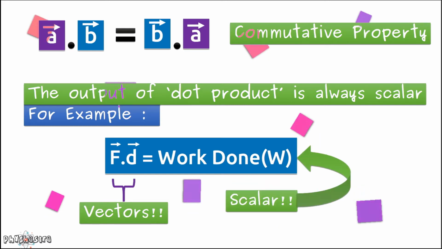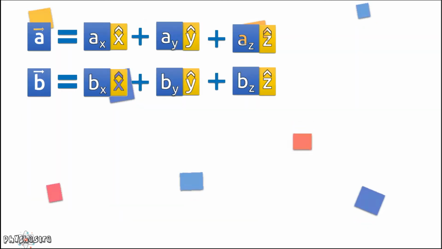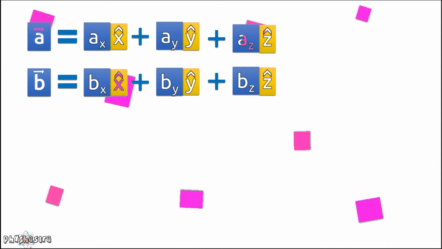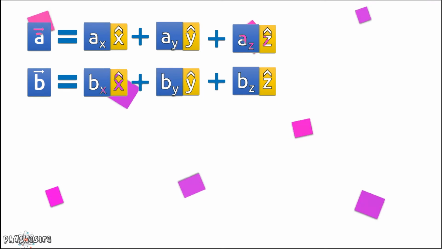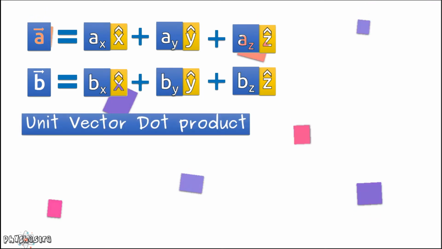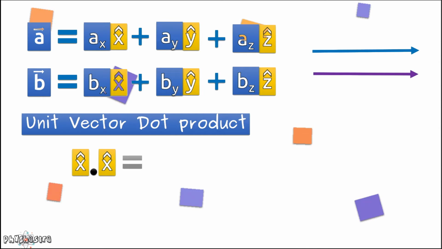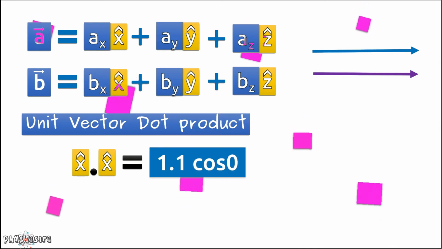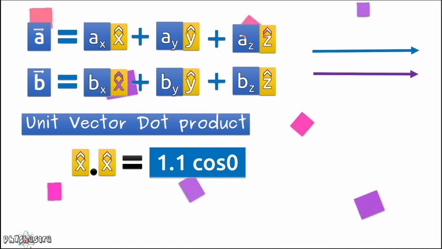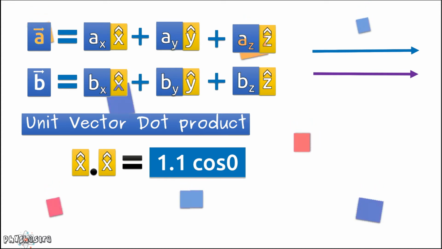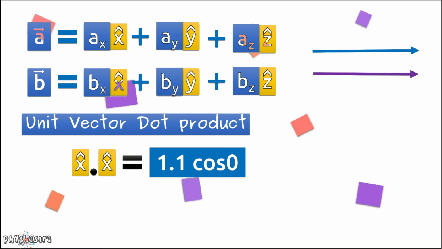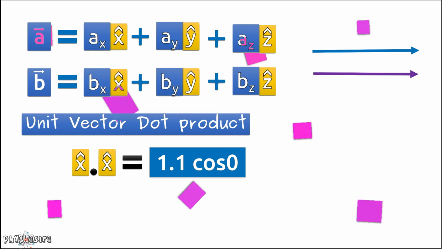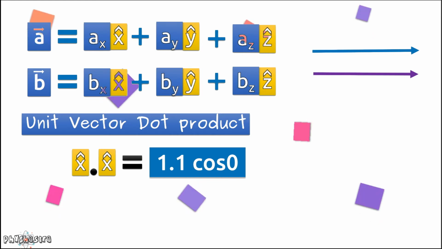Let us consider the two vectors A and B with their vector notation in 3 dimensions. Before going further on the dot product procedure, x cap is the unit vector. When you find the dot product of vectors along the same direction, the angle between them is 0. So as per the dot product, the magnitude of x cap is 1 since it is a unit vector, and cos of 0 is 1, which gives x cap dot x cap as 1.